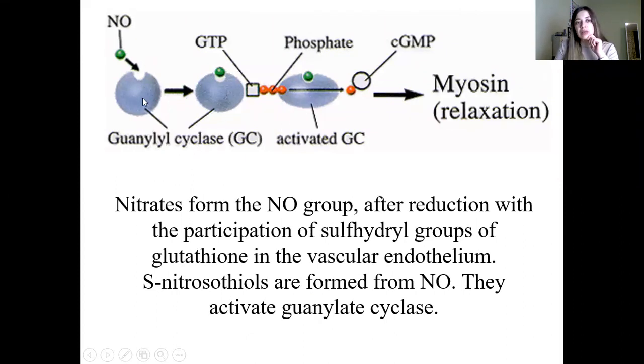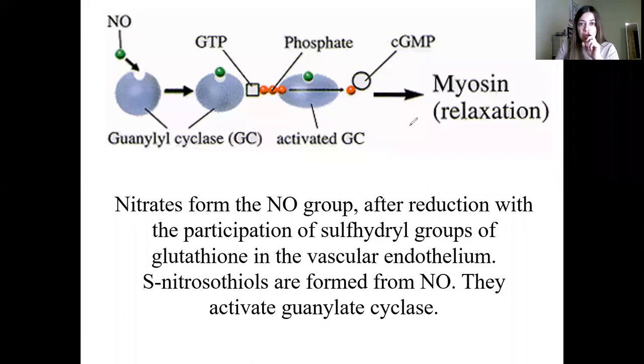Here we can see the scheme that guanylate cyclase converts GTP into the cGMP, and cGMP takes part in the calcium metabolism. Calcium metabolism, it means, not metabolism, but the level of calcium will be reduced.